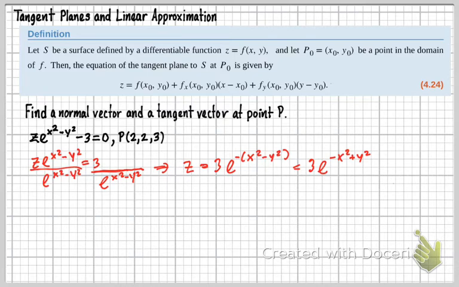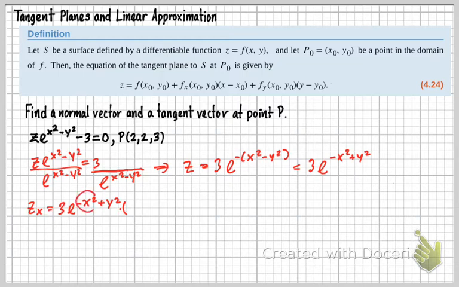You can call it z_x as well. That means I'm looking for the partial derivative with respect to x of z. And that would be the derivative of e to the x is e to the x, so I just write it out. And remember, constants just go along for the ride. That's why the 3 is just sitting there. Times the derivative of the inside, and this is with respect to x.